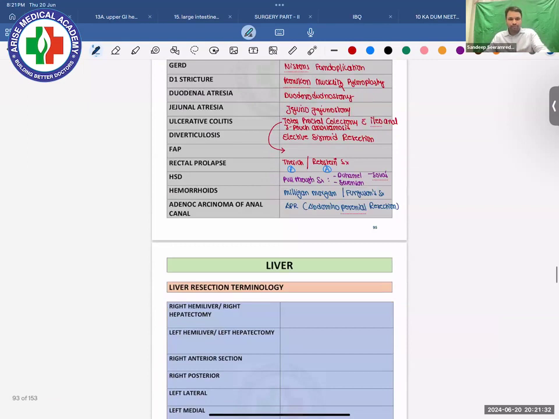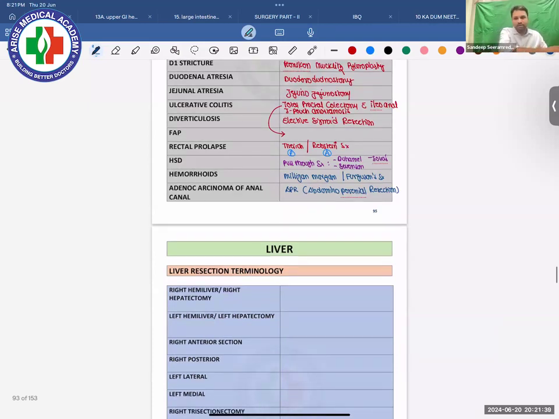Let's continue. We're talking about liver. But before that, just give me a couple of seconds. The water has finished. I need to get some water.